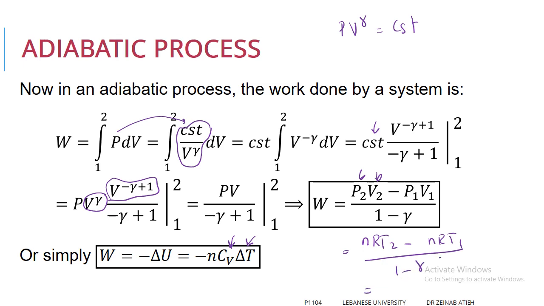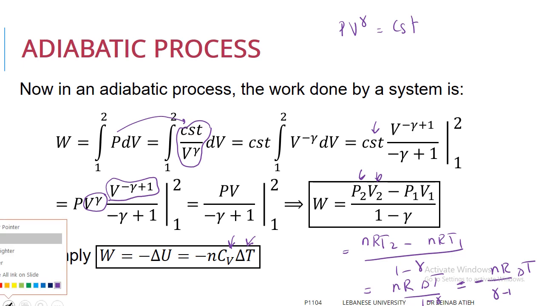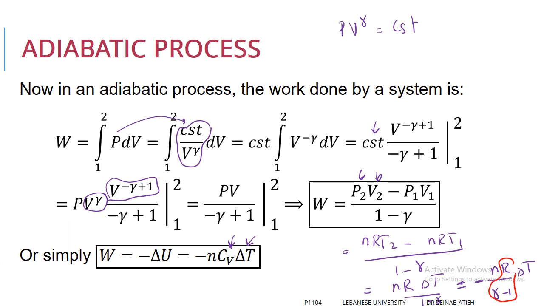So let's take nR common, so I will get nR delta T over 1 minus gamma, which gives minus nR over gamma minus 1, delta T. Now remember that I have already explained Cv. Cv is equal to R over gamma minus 1, so you can say that W equals minus n Cv delta T.